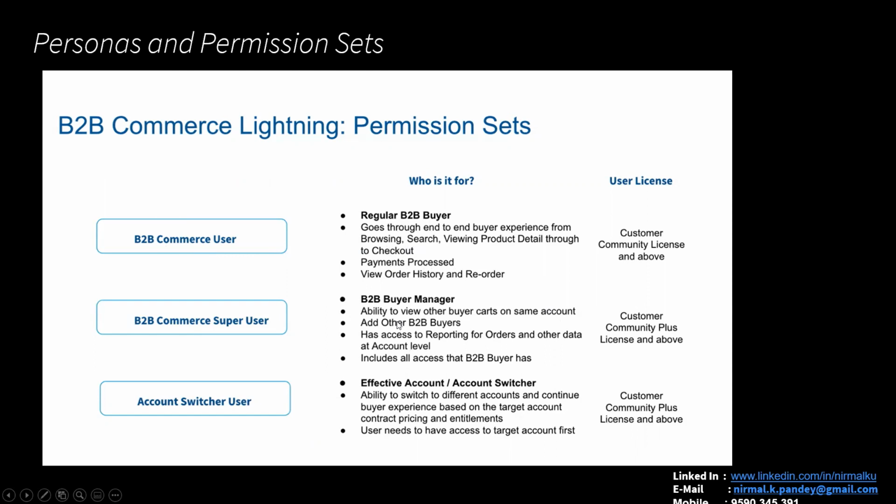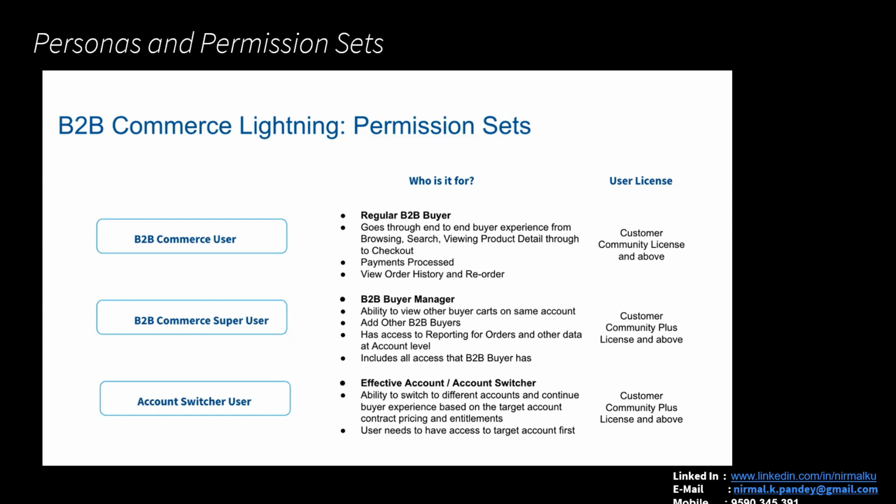Then you have a buyer manager. Like I said, you can buy a particular thing, but what if I want a manager who can see the cart on the same account by different users? Let's say United Coffee, I have two users. One is called Arthur and one is called Ganesh.